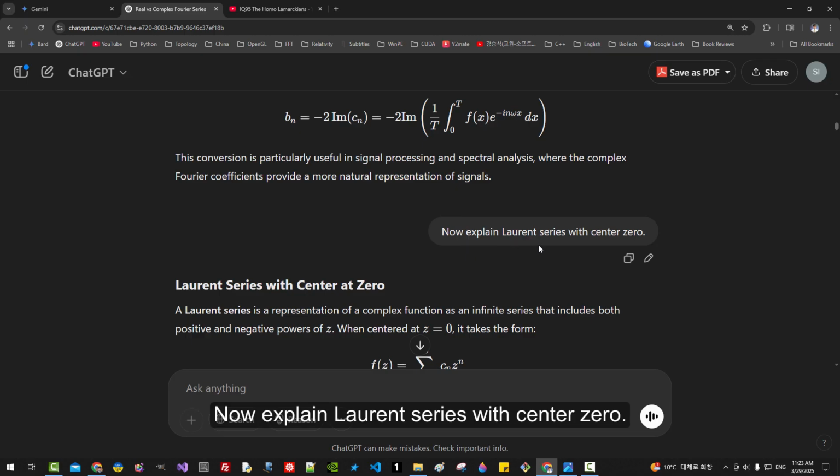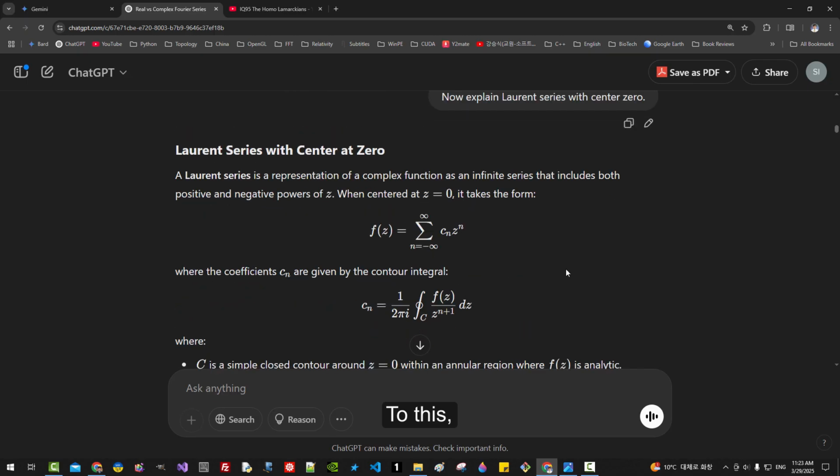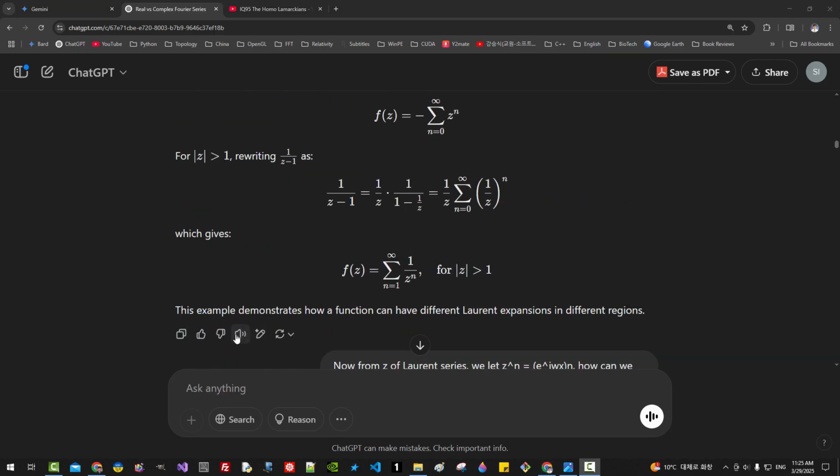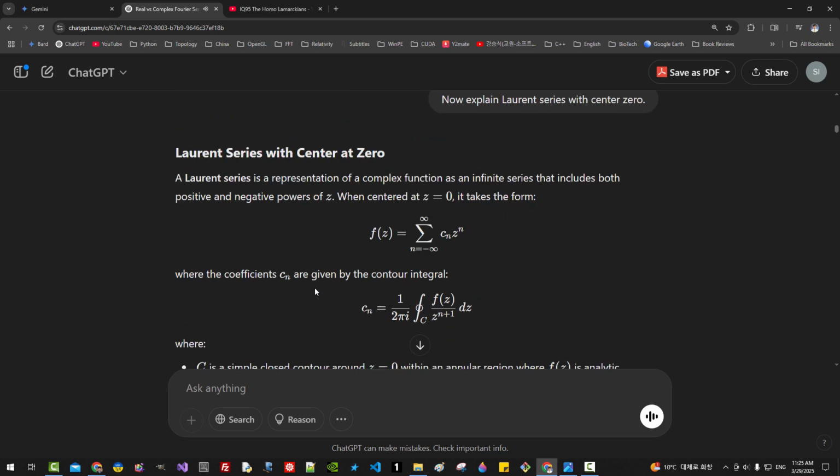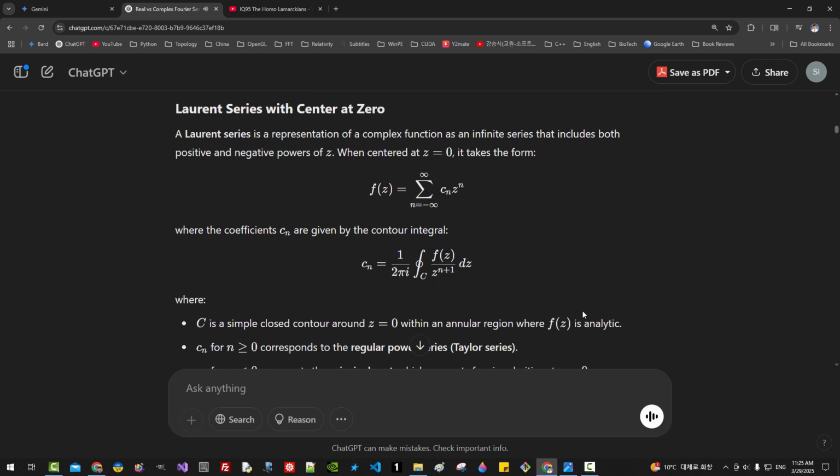Now explain Laurent series with center 0. To this: Laurent series with center at 0. A Laurent series is a representation of a complex function as an infinite series that includes both positive and negative powers of z.